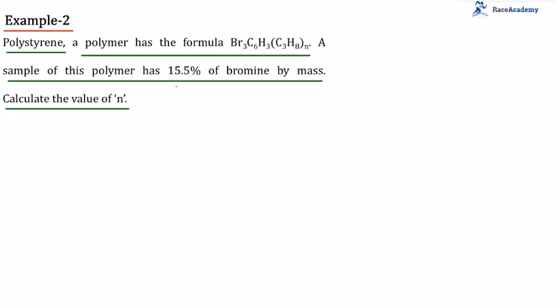So we can understand here there is a big formula, but in this we have 3 bromine atoms, 3 moles. That is the meaning of it. And another point they are giving is 15.5%, means 15.5 grams of bromine is present in 100 grams of this polymer.